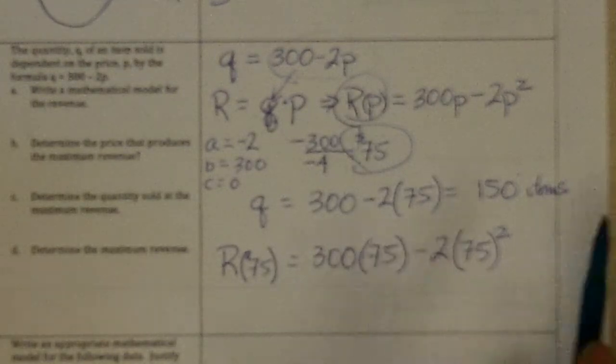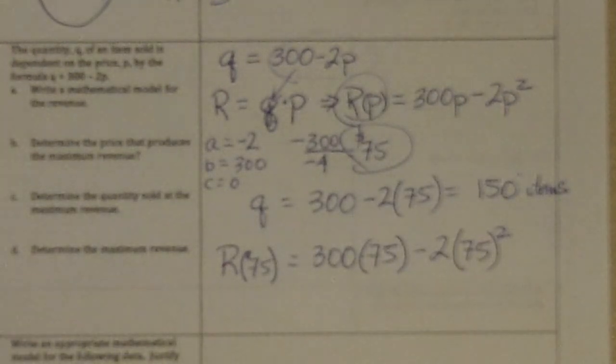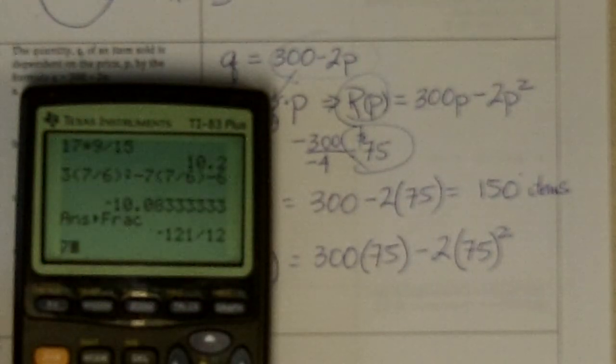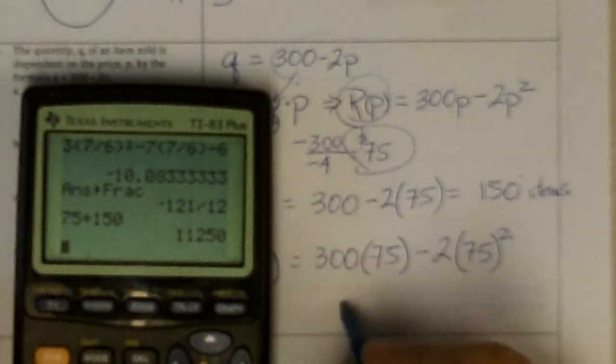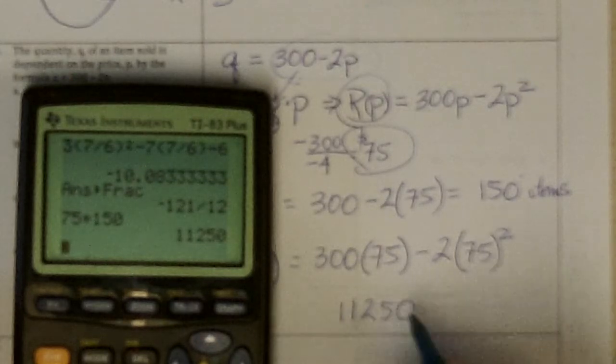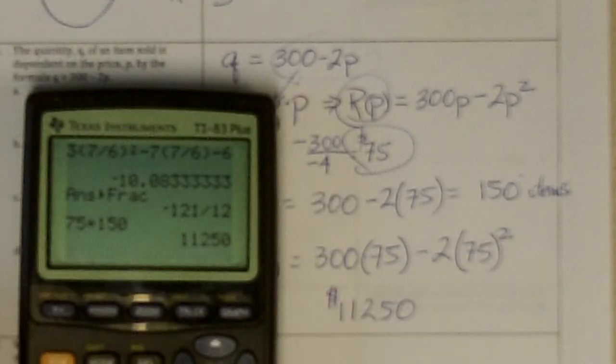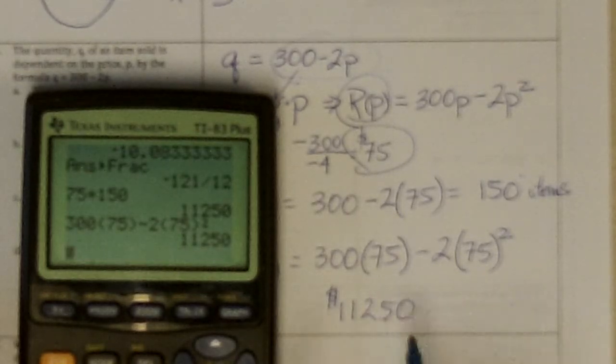And I would get the same answer I'm going to get from this. And let's just verify that. 75 times 150 is 11,250. And that's the revenue. But let's do it the other way here. 300 parentheses 75 close parenthesis, subtract 2 parentheses 75 close parenthesis squared, and we get the same number, 11,250.